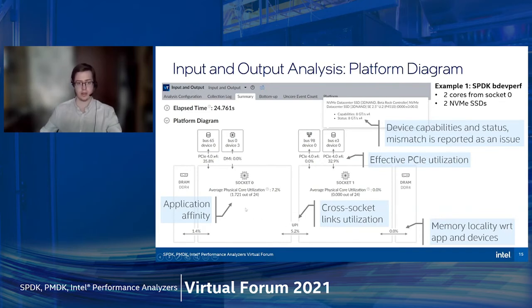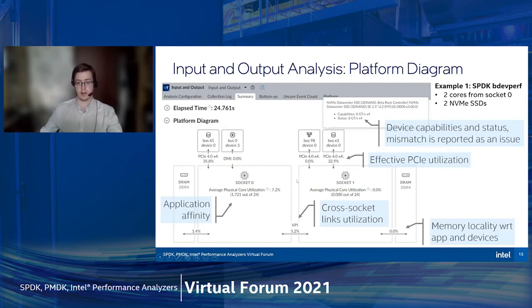So I see that in this case, this SPDK application was running on socket 0 as well. And I had two NVMe SSDs, one at each socket, which might not be really optimal. Probably I'll need to move both SSDs to socket 0, where I have DRAM and cores, because in this case I have some UPI traffic that definitely makes transaction latency higher.